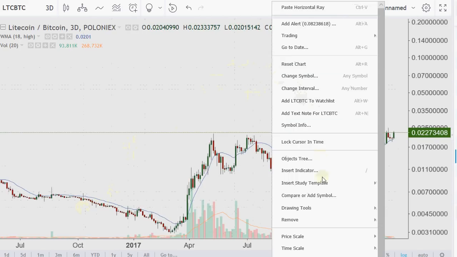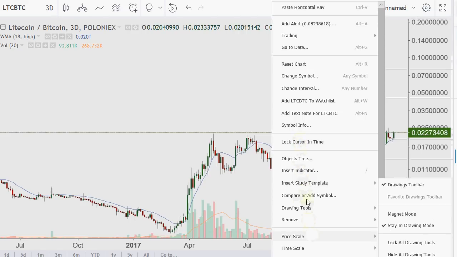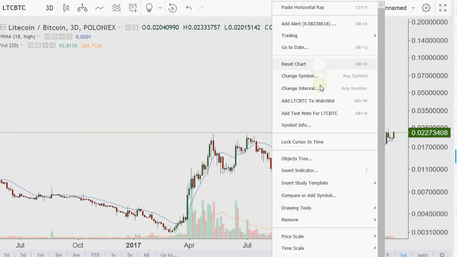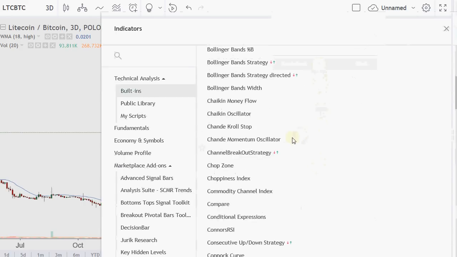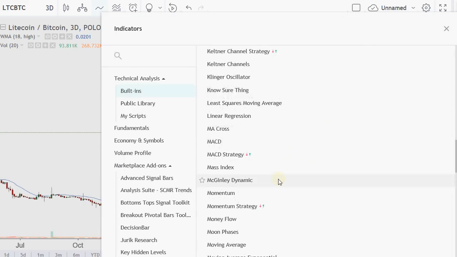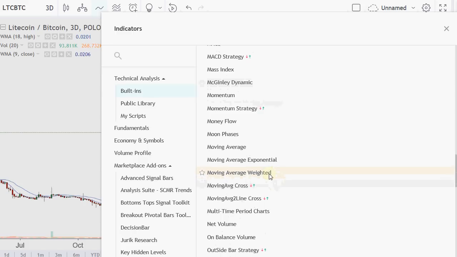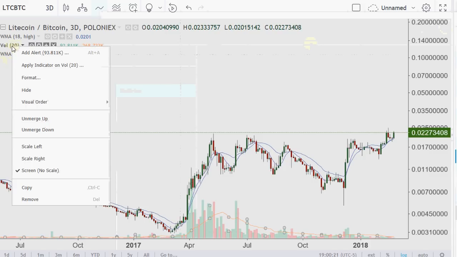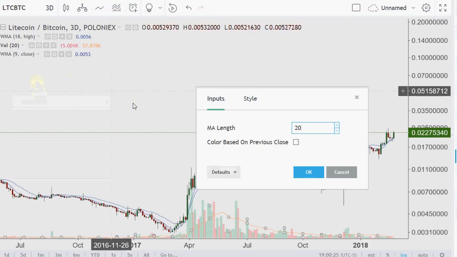So I'm going to add this average in now because it's kind of annoying. I don't know how I accidentally deleted it. But you add indicator. So this one here is the, we got a high here.